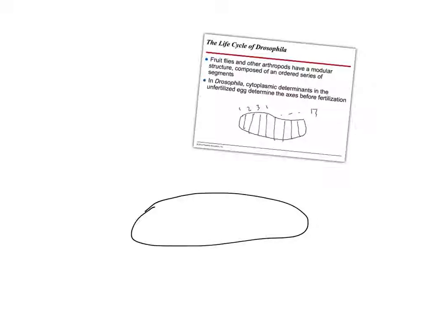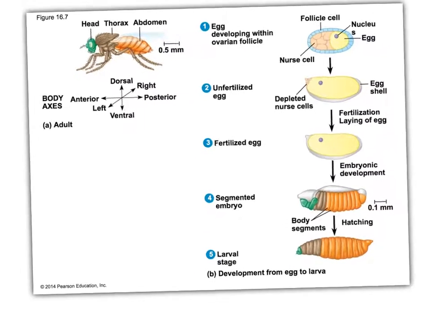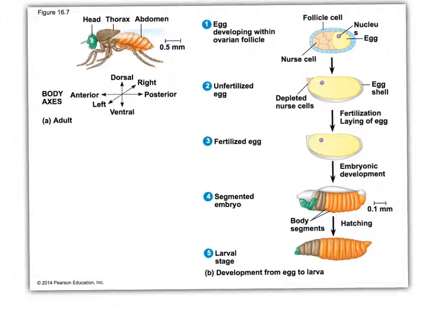This egg is made up of a bunch of cells, what we call a syncytium. The syncytium is a bunch of cells in one area, or multiple nuclei, and they share cytoplasm. So this is what you end up like for a fruit fly. An adult fruit fly has a head, abdomen, thorax.